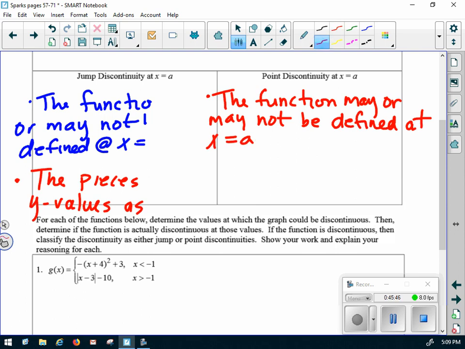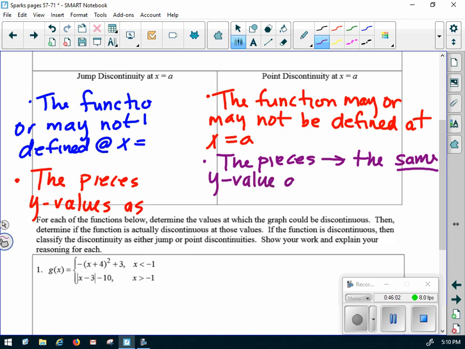So that's 1. 2. The pieces approach the same y value as x approaches a from the left and the right.